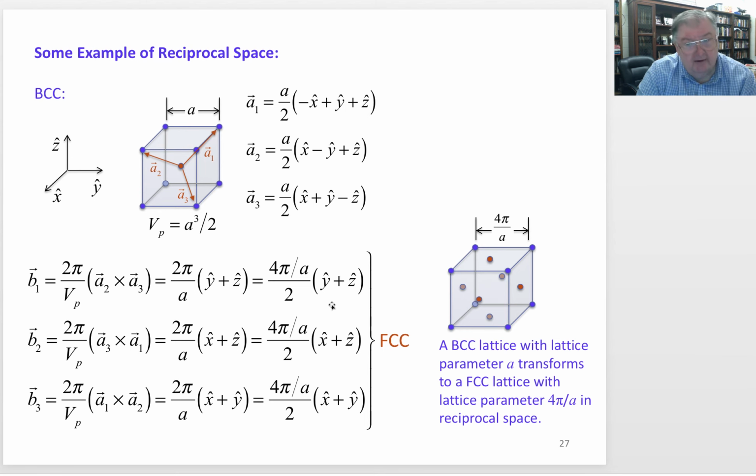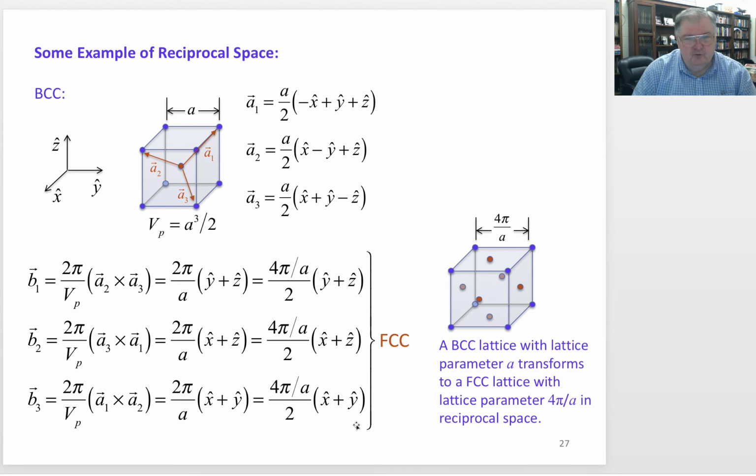And if you look back, you'll see that these are the lattice vectors for a face-centered cubic structure. So put it in words, a body-centered cubic lattice with lattice parameter A transforms to a face-centered cubic lattice with lattice parameter 4 pi over A in reciprocal space.